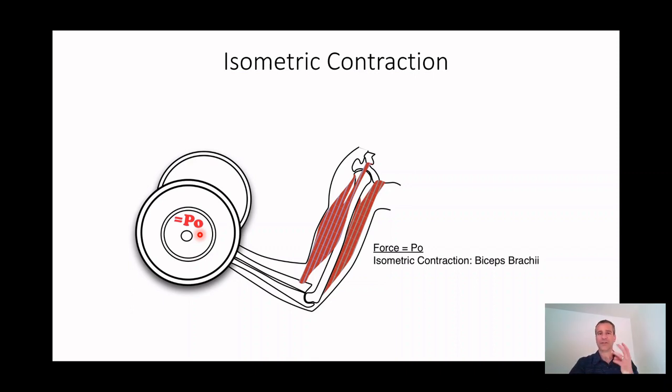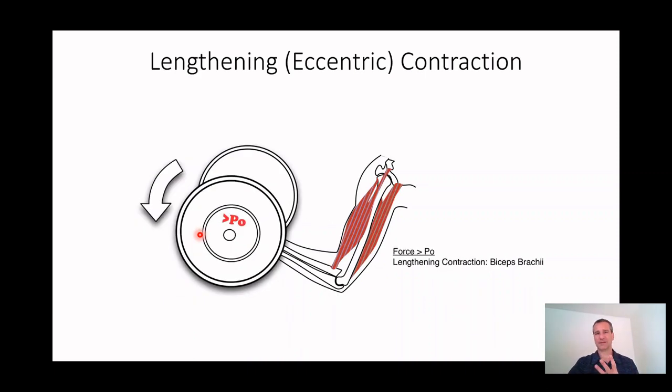All right. The third type of contraction is called a lengthening contraction or an eccentric contraction. And this is when the weight is greater than what you can lift. And this is one of the interesting things about our muscles. Our muscles have evolutionarily been designed or evolved so that you can produce 1.6 to 1.8 times more force, and you can lower the weight, much heavier weight than you can lift.